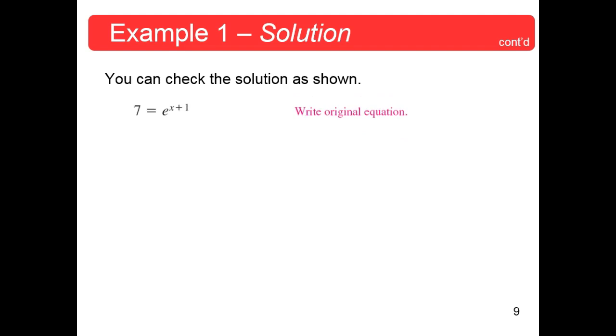Okay, so here's how you check it. Put the minus 1 plus log 7 in instead of your e.